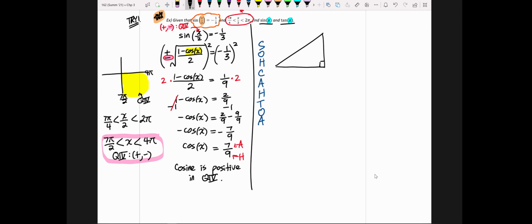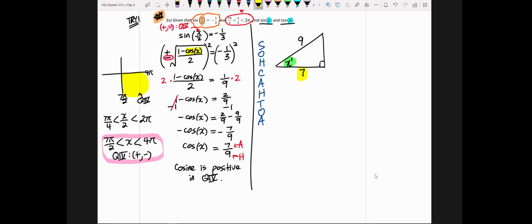So Jacob, at this step, remember you have to use x prime, the reference angle. Okay, so we'll use x prime. And we know that the ratio of adjacent to hypotenuse is 7 to 9.